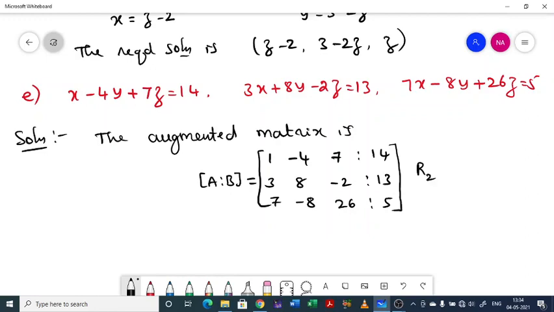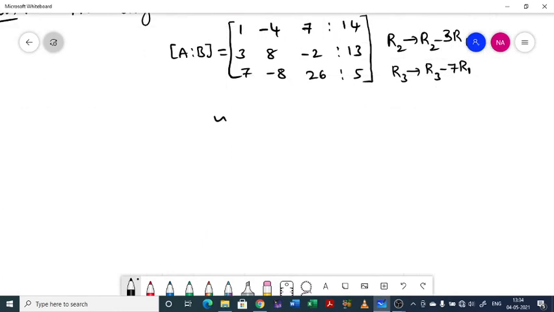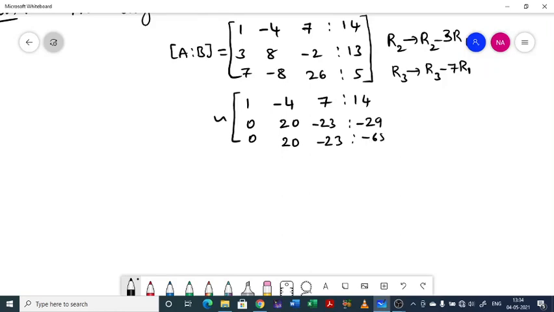Row operations we need to apply: R2 changes to R2 minus 3R1, R3 changes to R3 minus 7R1. Now applying these operations it will be reduced to the matrix. First row no change, 1 minus 4 7 colon 14. Second row will be 0 20 minus 23 colon minus 29. Third row, you can check this, 0 20 minus 23 colon minus 65.